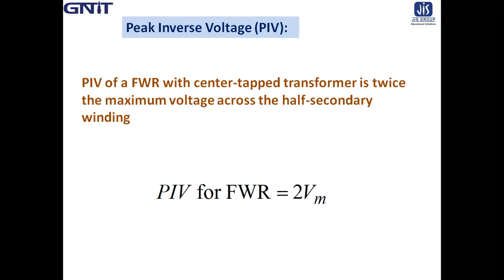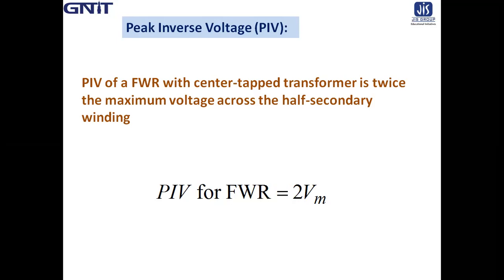So the whole of the secondary voltage will appear across the non-conducting diode. Therefore, the PIV of a full wave rectifier with center tap transformer is twice the maximum voltage across the half secondary winding, that is PIV equals 2 Vm. Therefore, the maximum voltage rating of the diodes should be more than 2 Vm.